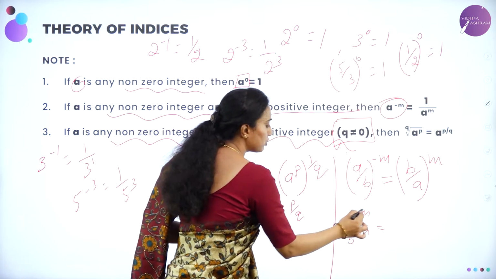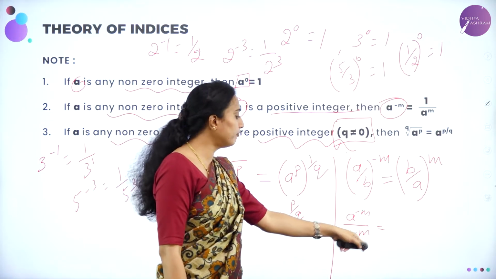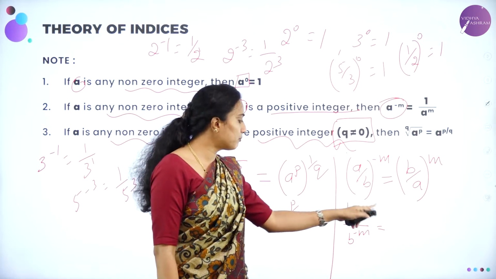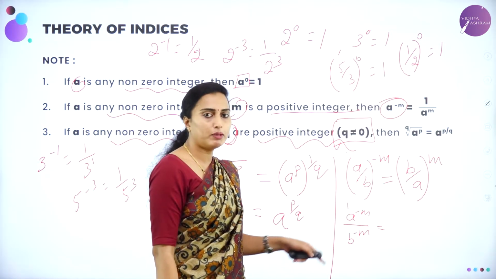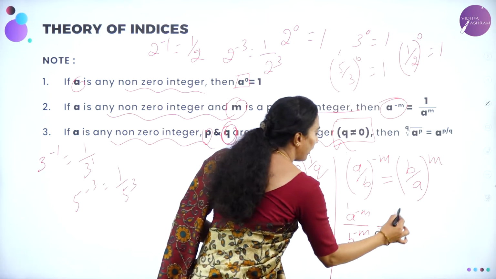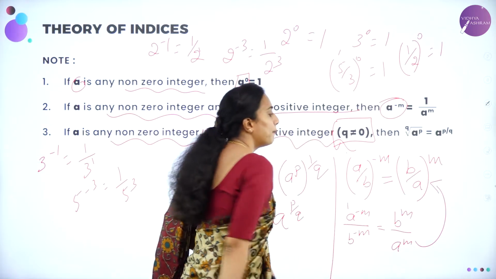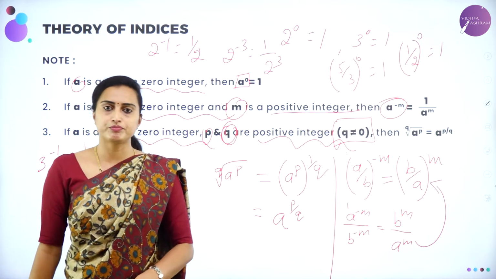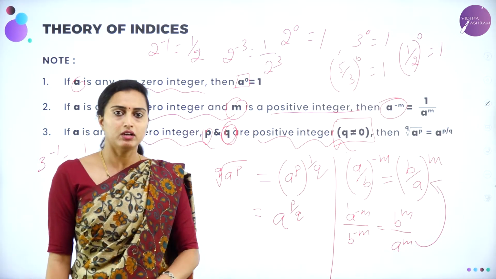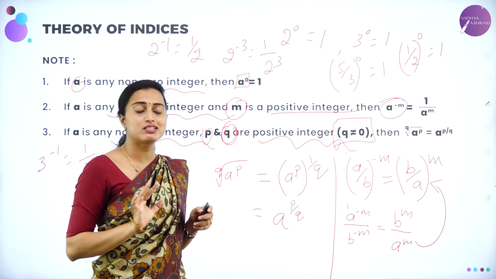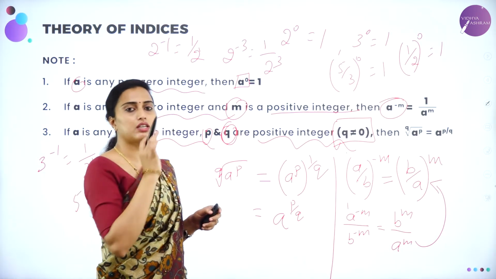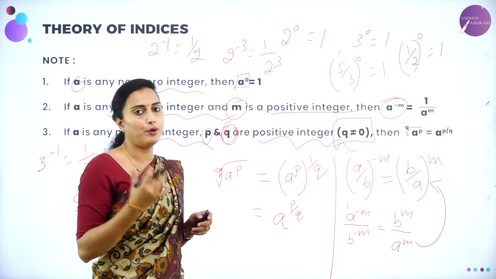Now, if this goes to the numerator, minus m will become plus m. If this comes to the denominator, minus m will become plus m. So that's how we have b power m divided by a power m, which can be written as b by a whole power m. This also you need to remember. This is not a law of indices, but you are going to use it in solving problems.